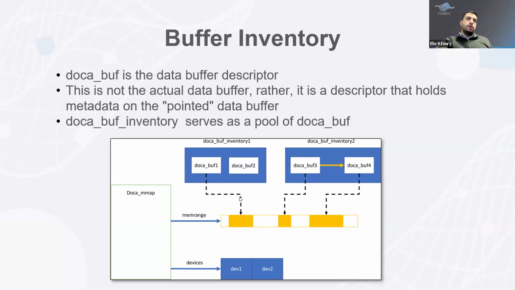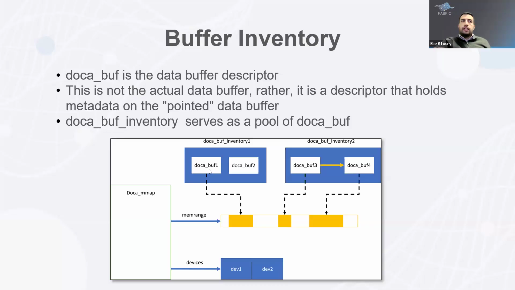At the same time, in order to refer to the data that you have in memory, you're going to use DOCA buf. These are the data buffer descriptors. You don't have the data right in the DOCA buffer, but these are just pointers to where the data resides in memory. You can have multiple inventories, and within an inventory, you can have multiple DOCA bufs.